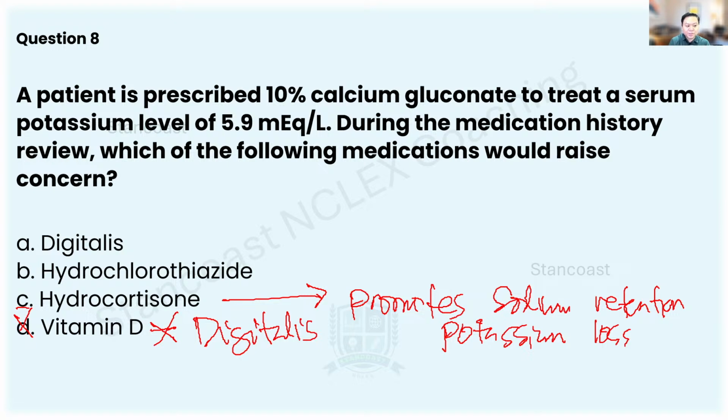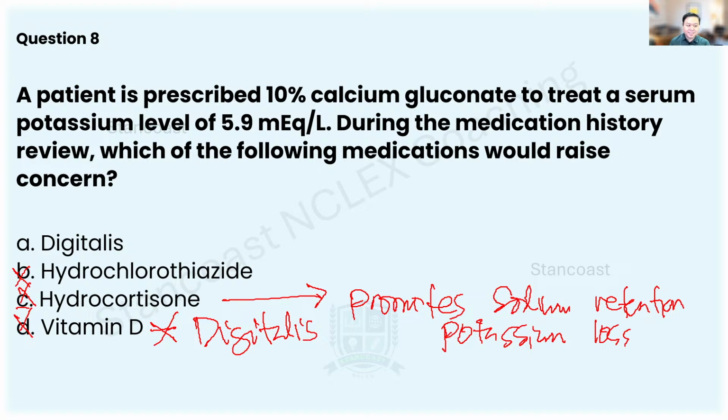If you had answered letter B, hydrochlorothiazide, which is a thiazide diuretic, what do you think about that? The hydrochlorothiazide can affect the potassium level by causing its excretion via the kidneys, but it doesn't really cause an immediate interaction with the calcium gluconate, right?